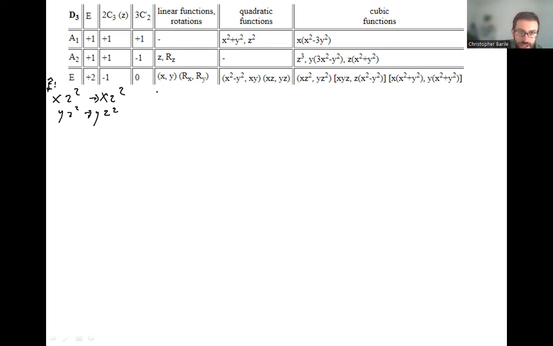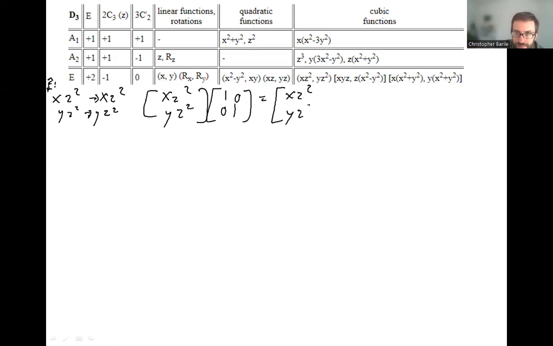So we're going to have to, again, write a 2x2 matrix, this time with xz squared and yz squared, and them both going by themselves. We take the trace over that, and we get a character equal to 2. So that's matching, but that's a little artificial at this point. Let's actually show that they transform together.